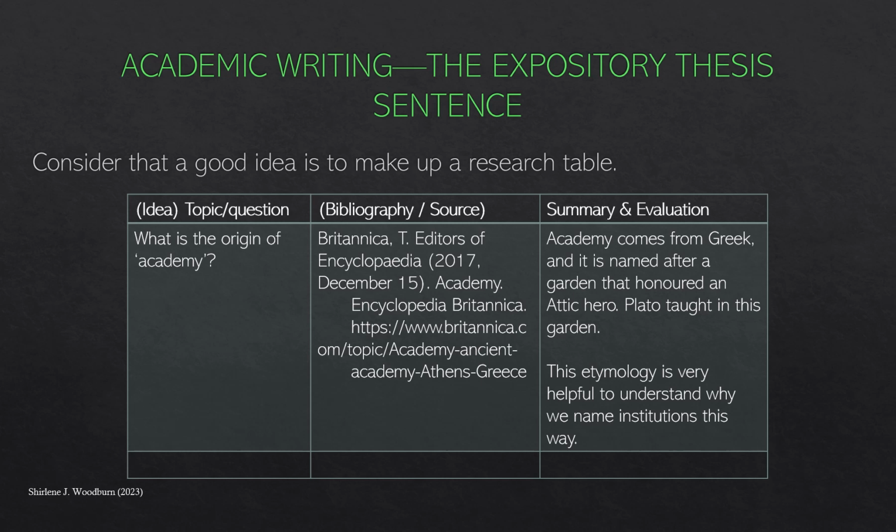It is important to summarize so that you know what are the main ideas that you plan to use. And then the evaluation explains just how valuable the source is. Is it authoritative? Is it credible? You may make a note to say why you have chosen this source.